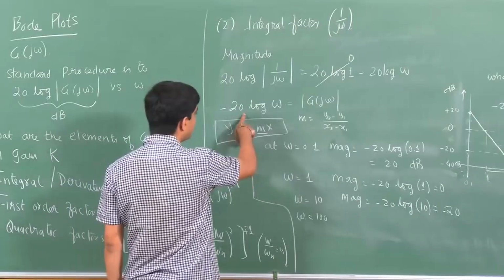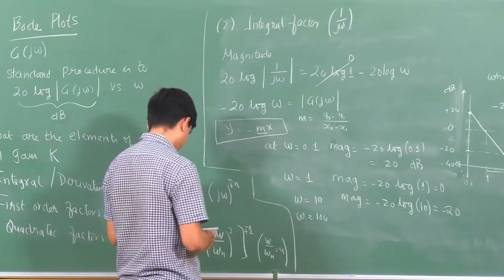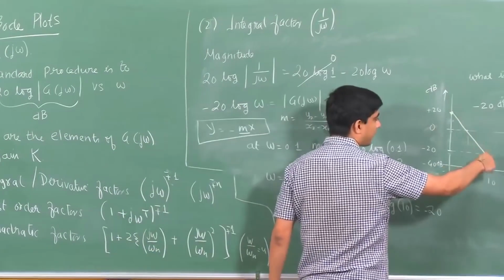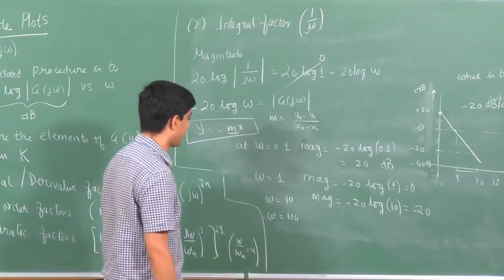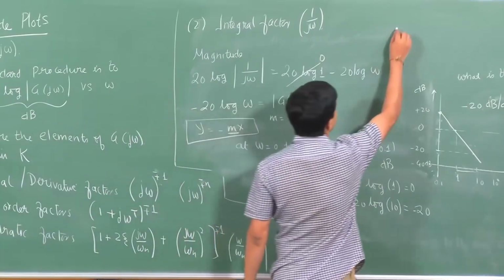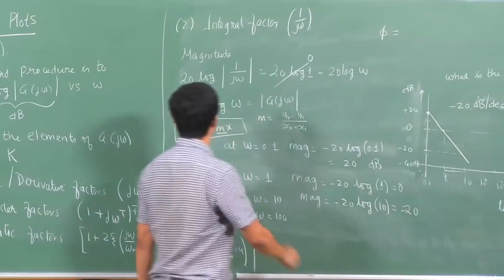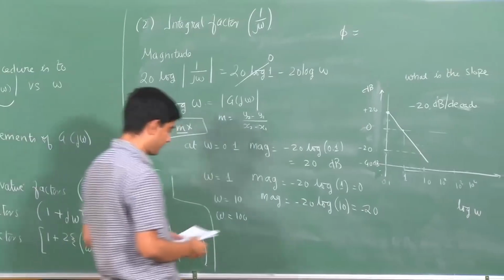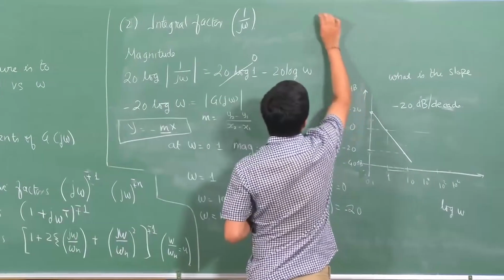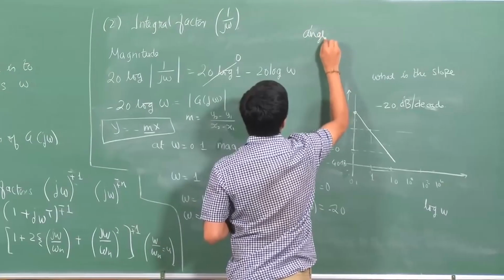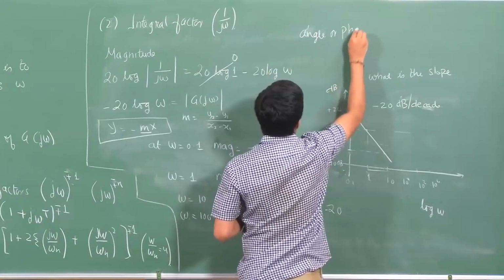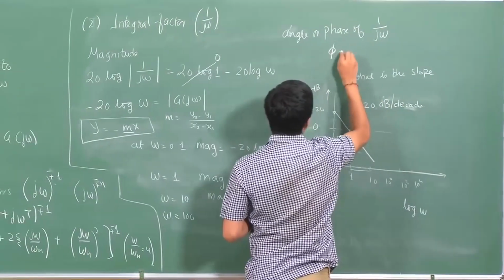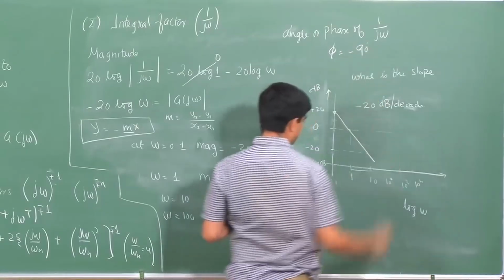So, the magnitude of this looks like this. It has a negative slope of minus 20 decibels per decade. What about the phase? I am just looking at the angle of this, minus j omega. The phase, or angle, of 1 over j omega, that is phi, is always minus 90 degrees.